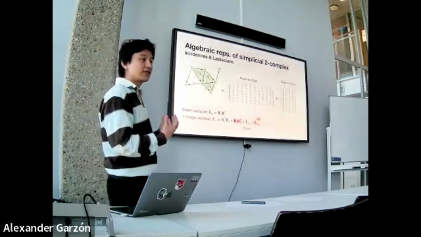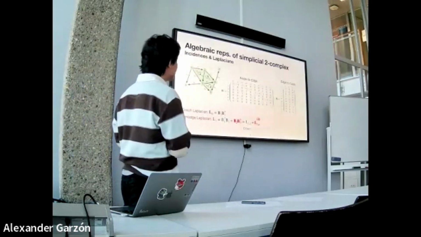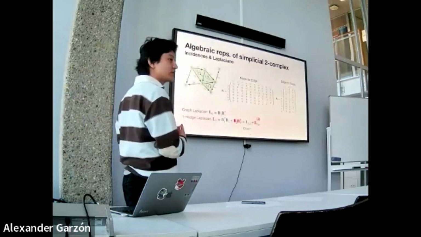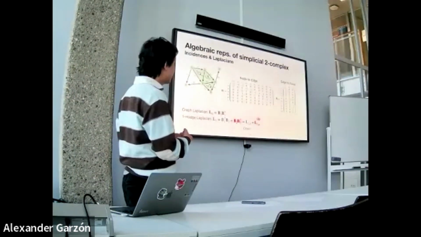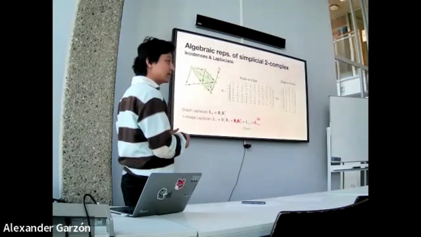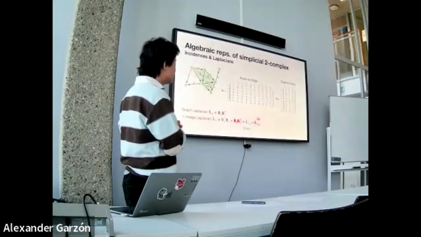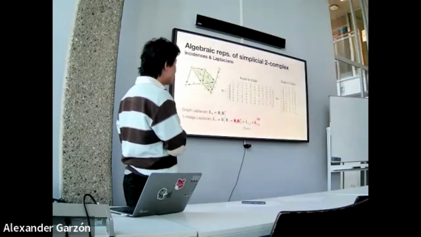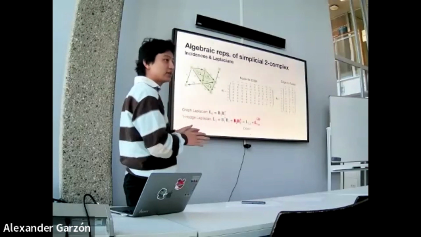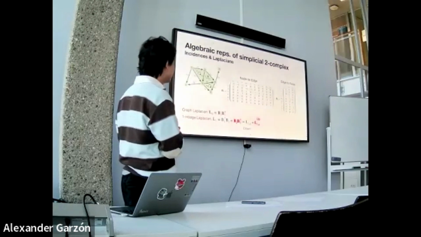Given this graph, this simplicial complex, we want to do operations using matrices. There is the node-to-edge incidence matrix B1, indicating how they are connected. Then there is the edge-to-face incidence matrix B2, indicating how each edge is incident to the face.